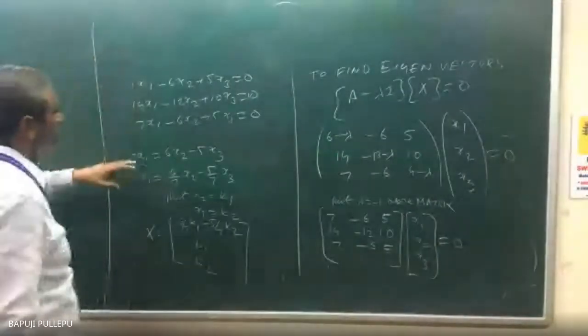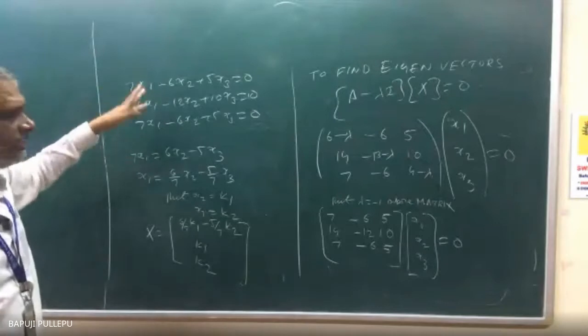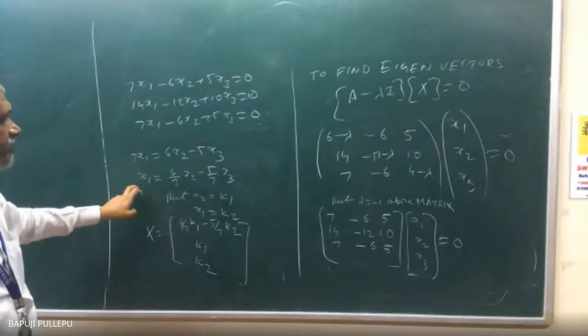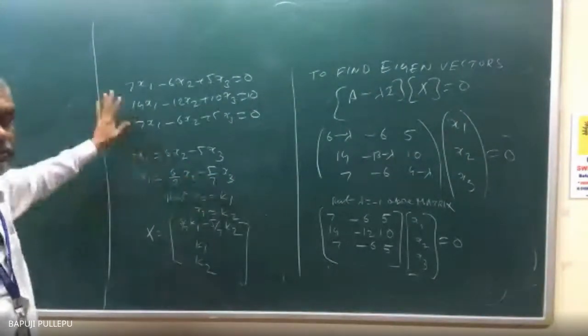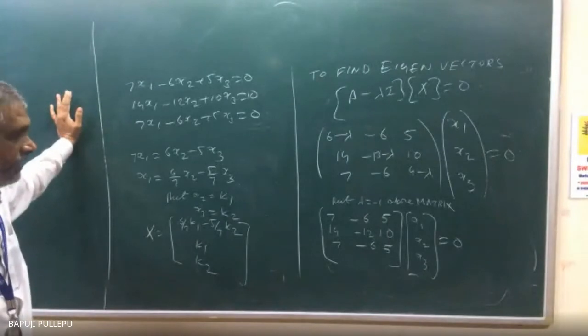See, any one equation I am writing, 7x1 is equal to 6x2 minus 5x3, because the 3 are the same fellow. So x1 is equal to 6 by 7 x2 minus 5 by 7 x3. I am writing x1 in terms of x2, x3. Now I am putting x2 is equal to k1, x3 is equal to k2.